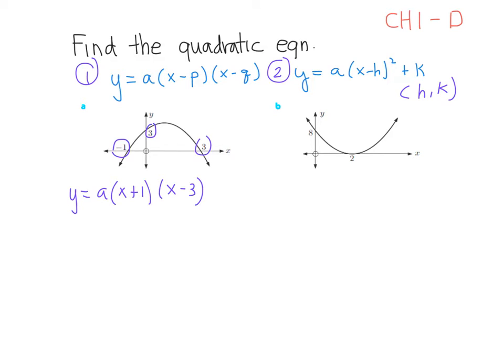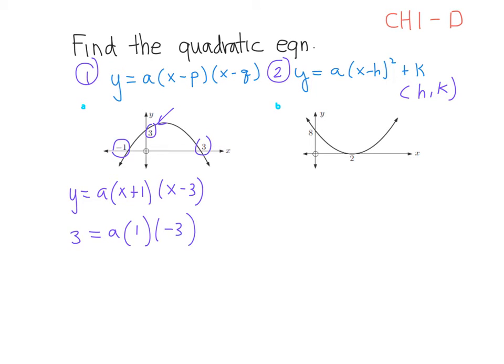So now we need to figure out the a. The point that we haven't worked with yet is this y-intercept at 3. So when x is 0, you get a y value of 3. So 3 is equal to a times, plug in 0 for x, so we have 1 and -3.